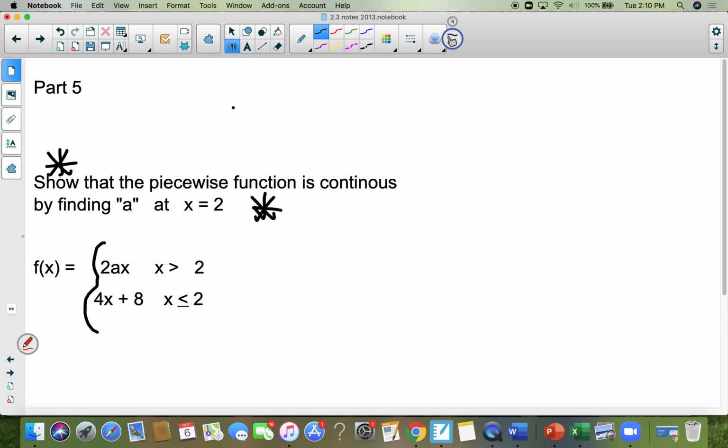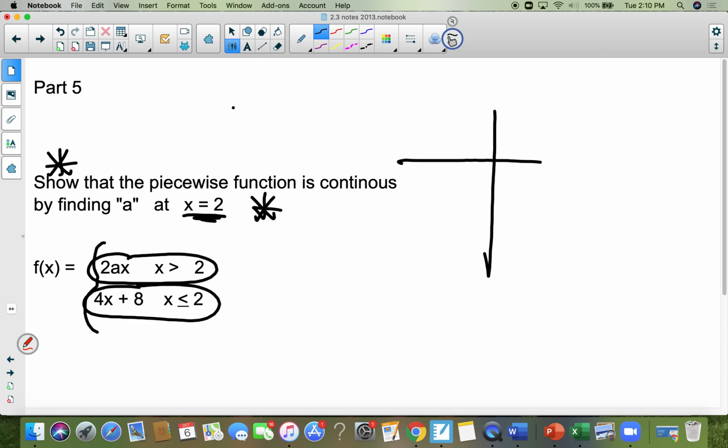So if it's continuous at x equals 2, and you have two different graphs, like if it goes like this and then it changes, these are two different graphs. If it's continuous, at 2 both of these have to have the same y value.